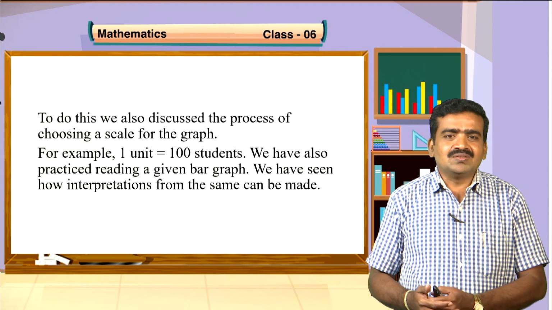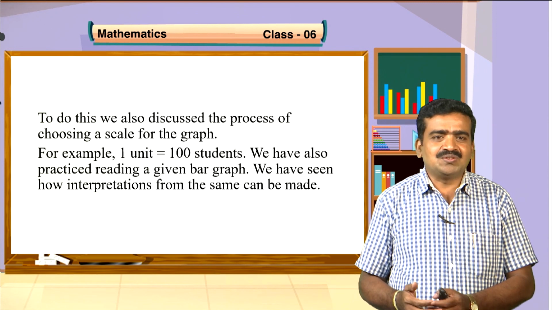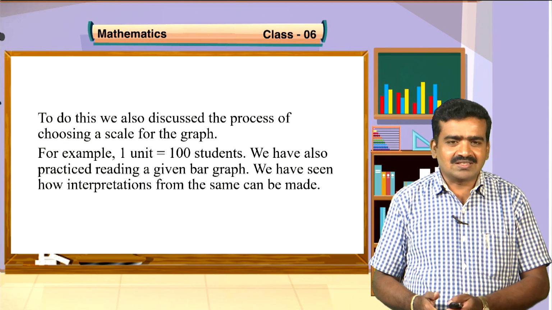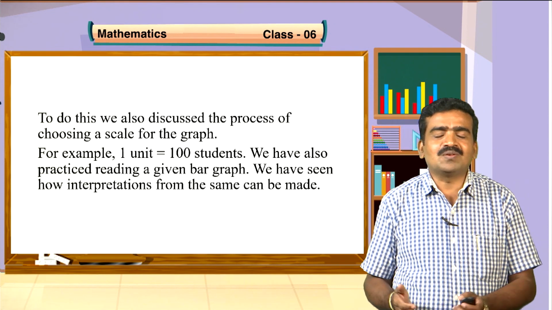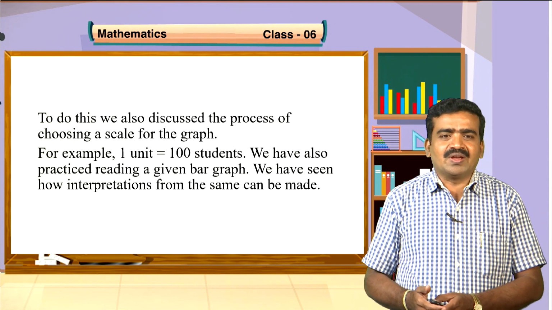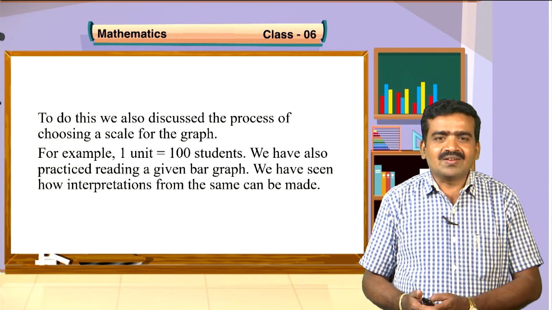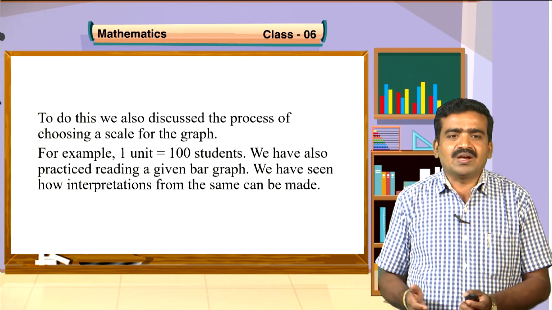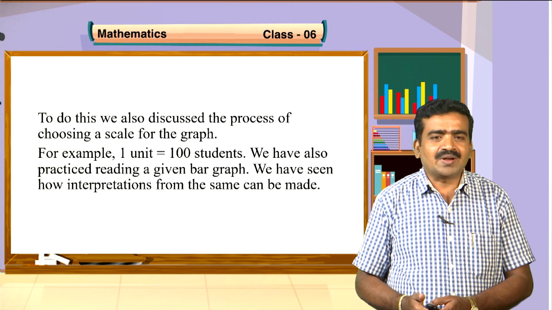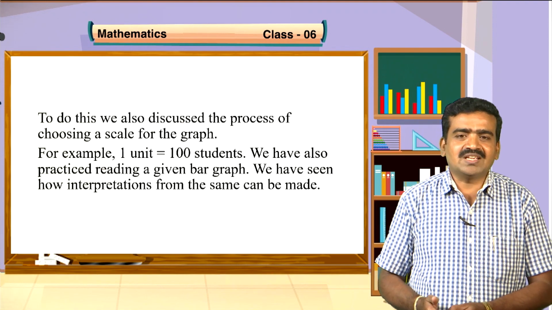We also discussed the process of choosing a scale for the graph. For example, 1 unit is equal to 100 students. We have also practiced reading a given bar graph. We have seen how many interpretations can be made from the same graph.